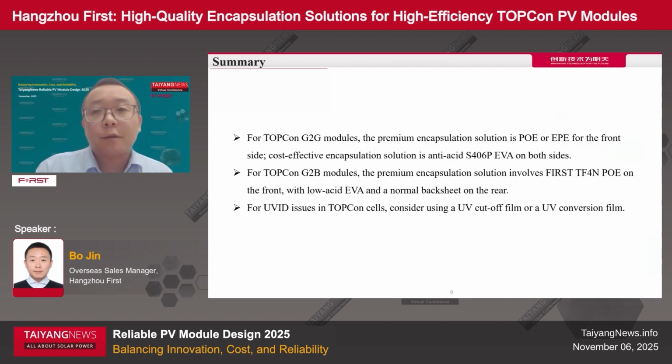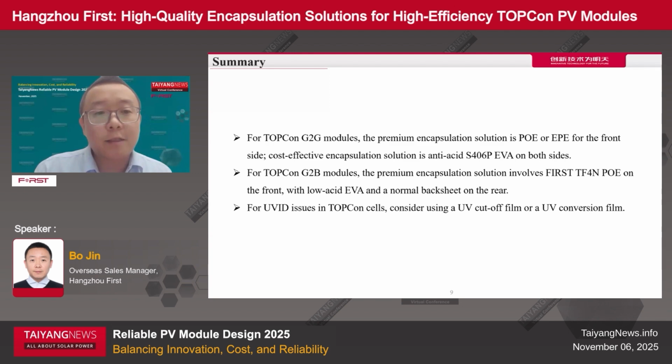So to summarize my presentation, for glass-to-glass TOPCon, when you choose the premium encapsulation solution, we suggest to use POE or EP on the front side. If you choose a cost-effective solution, then both side anti-acid EVA can be the choice.